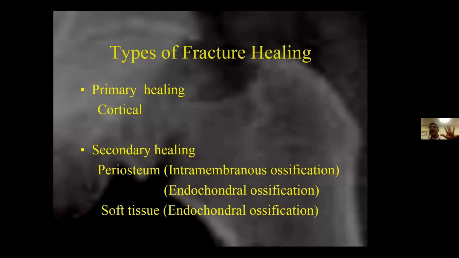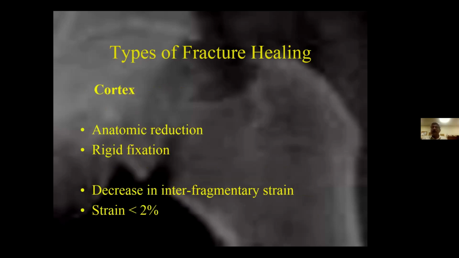So we are still on types of fracture healing. We've not gone to any stages. Then tell the examiner that in the cortex, which I'm talking about, which contributes to primary healing, it happens when there's rigid fixation, anatomical reduction, and I do know that there has to be a very low interfragmentary strain, and I do know that strain has to be less than 2%.